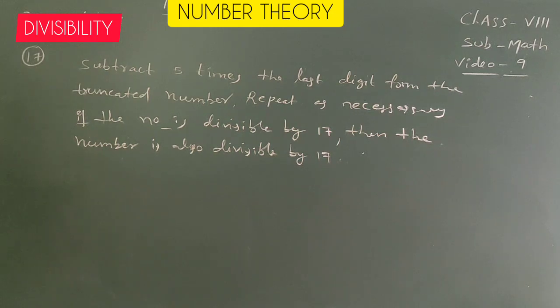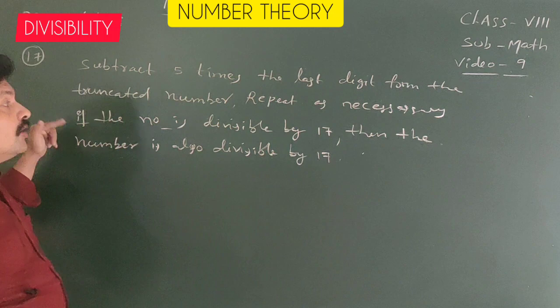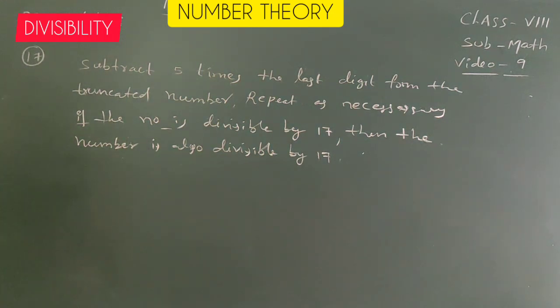Here subtract 5 times the last digit. Before, for 13 add 4 times the last digit. Now subtract 5 times the last digit. Okay, here an example.